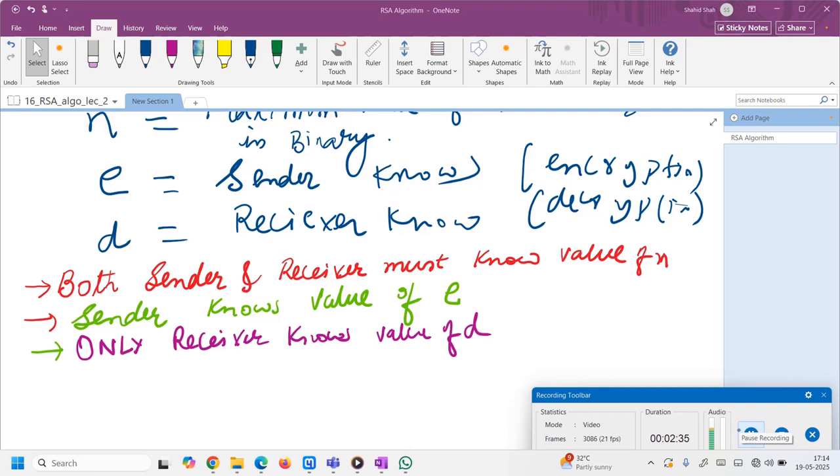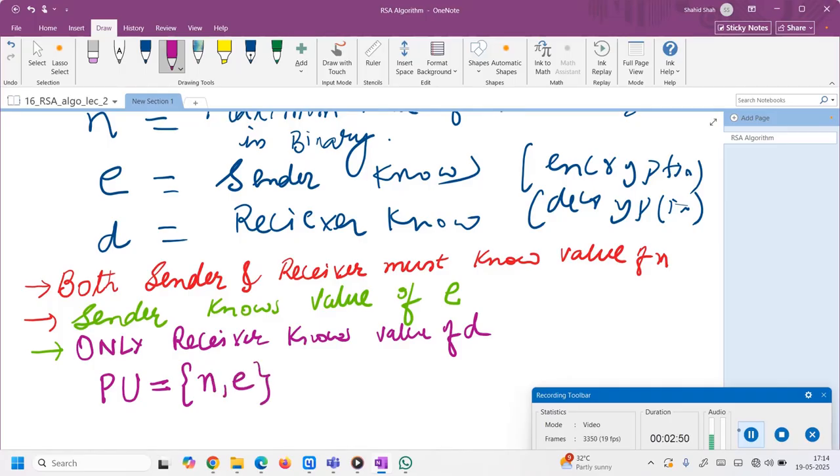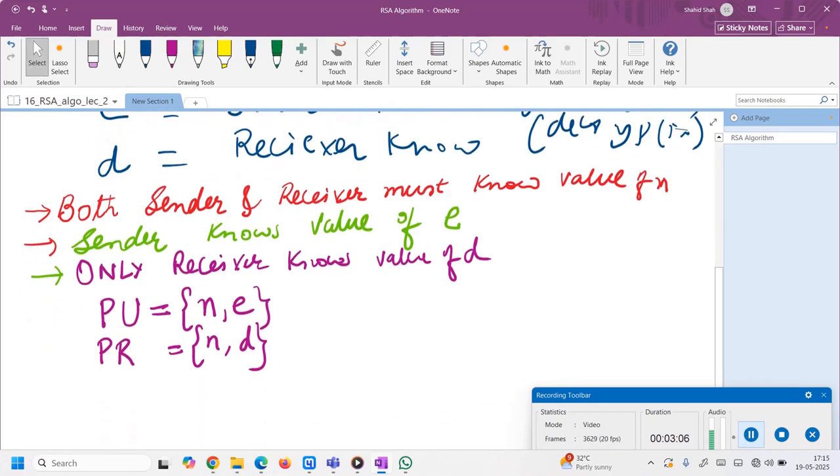Recall that the public key is something which is known to both the parties, and it can be known to all other parties also. So what is known to all is N, and E is known to the sender. And the private part is N comma D together, because it is known to the receiver only.